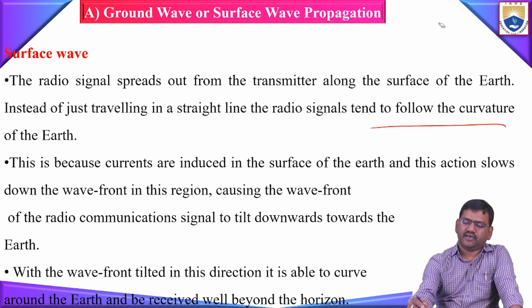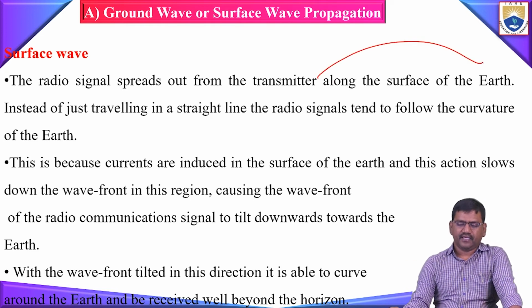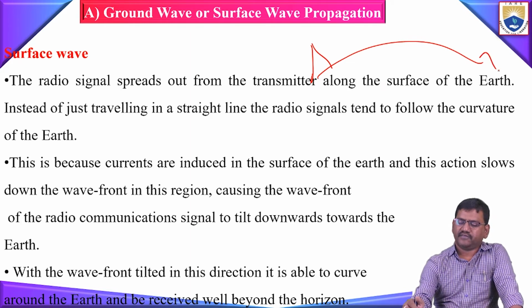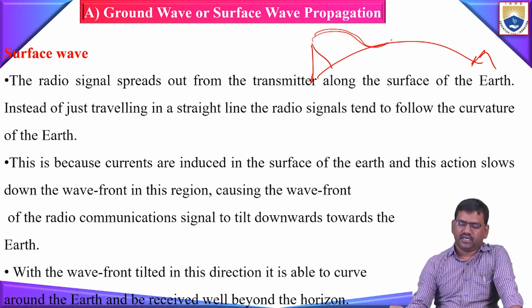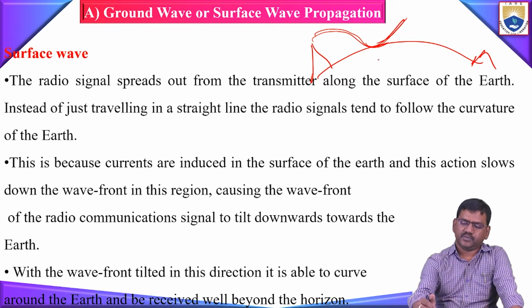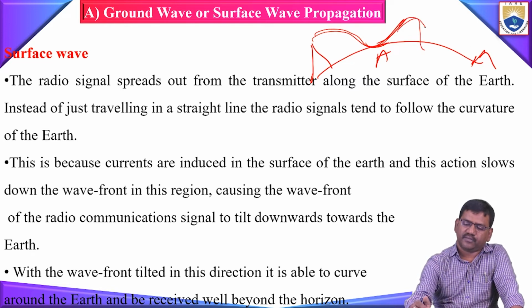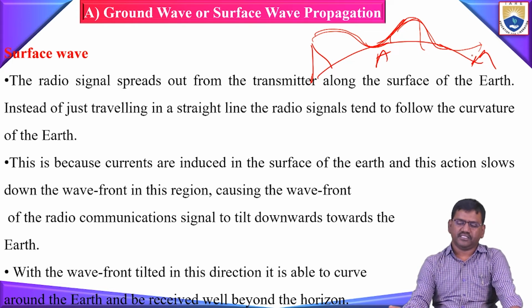So whenever there is a curved earth, and the electromagnetic wave signal propagates from the transmitting antenna to the receiving antenna, some waves are induced over the surface of the earth, and here an action of reflection is going to take place at this point A. Also, as the curved surfaces are more, multiple reflections are going to happen here, and finally the wave is going to reach the receiver.